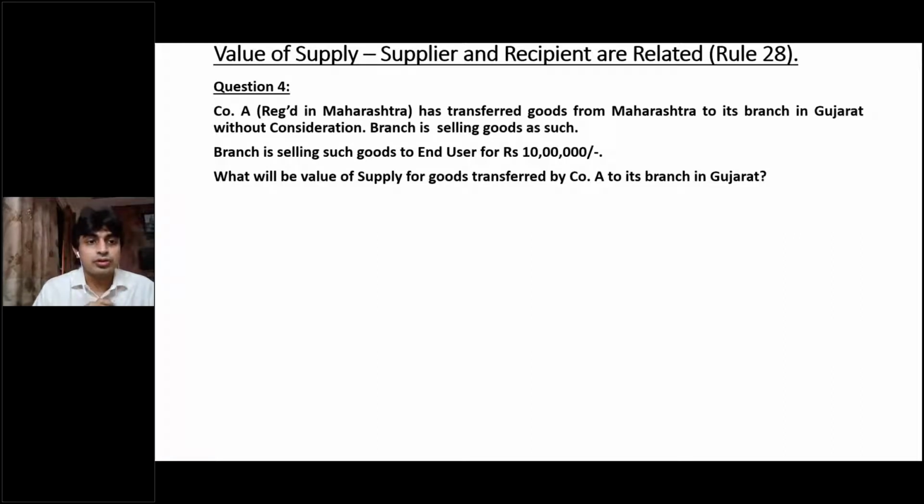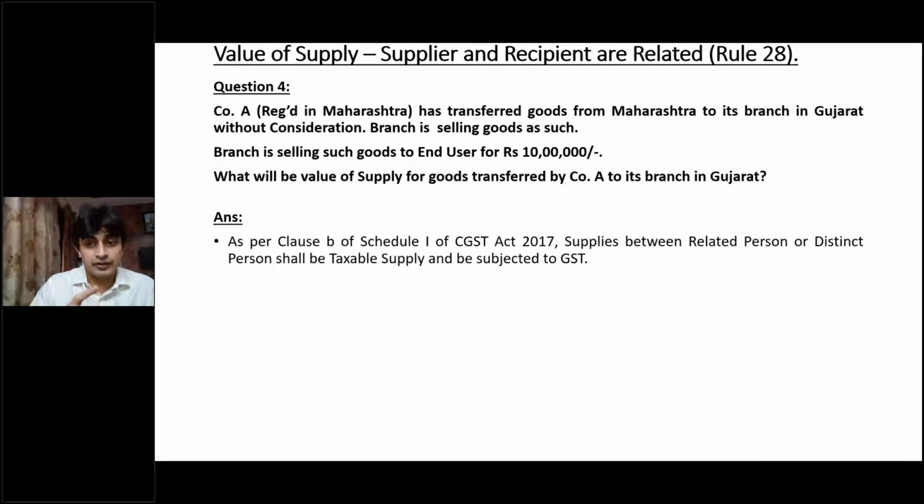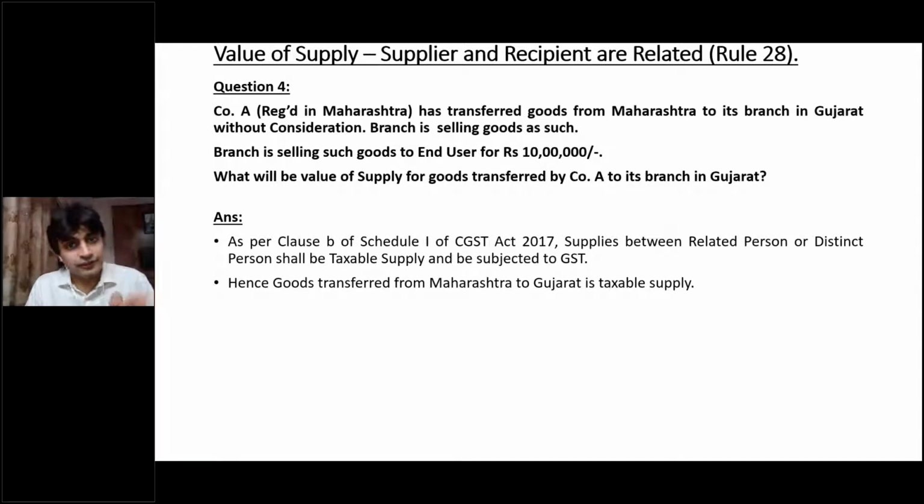First of all, supply by Maharashtra to Gujarat, is it a taxable supply? Yes, as per schedule 1. See this. Supply between related persons or distinct persons shall be taxable supply and subject to GST, even though there is no consideration. Still taxable. Hence, goods transfer from Maharashtra to Gujarat will be taxable.